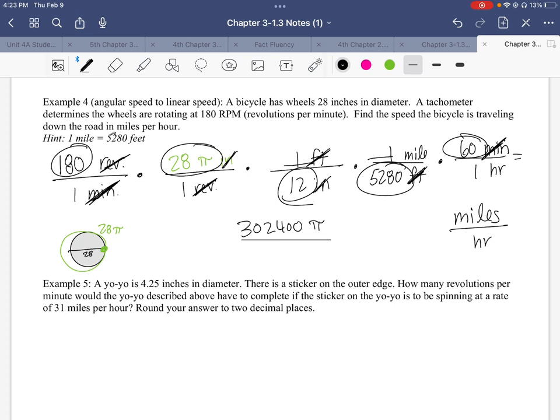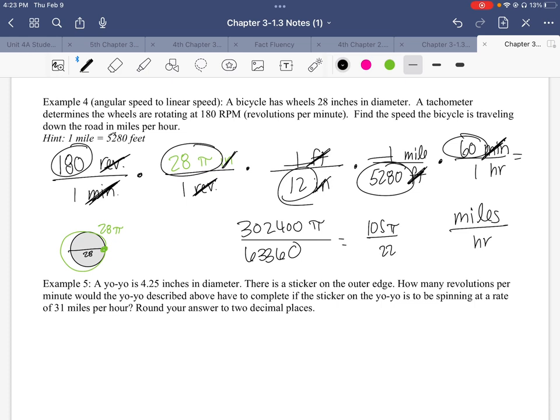And then I'm going to do 12 times 5,280, which is 63,360. I'm going to try and reduce this first before I put in pi. I think it makes it easier on your calculator's processing if you can do it that way. So that does reduce all the way down to 105 pi over 22.